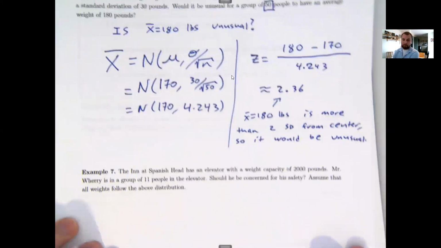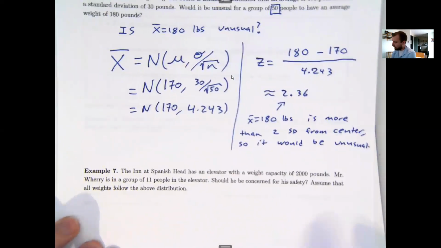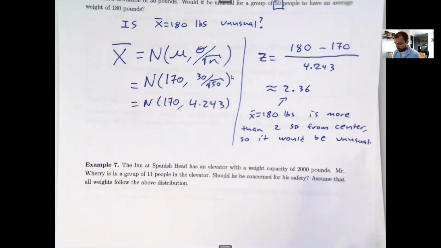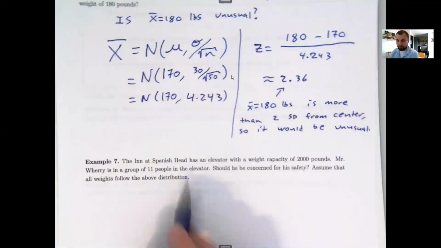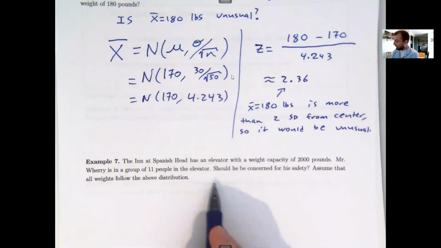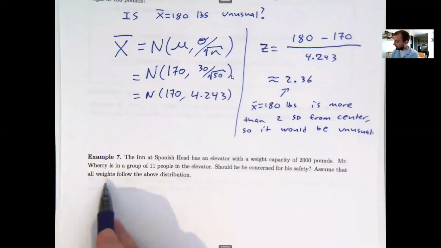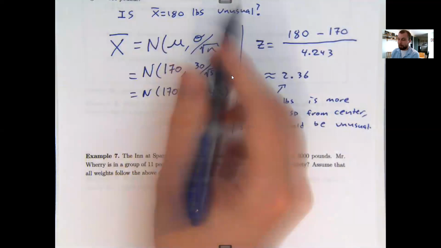Let's look at another example. So the inn at the Spanish Head has an elevator with weight capacity of 2,000 pounds. And suppose that I am in the elevator with 11 people. And I'm wondering, okay, should I be concerned about the weight capacity of this elevator? And let's assume that the weights follow the distribution that I have above.